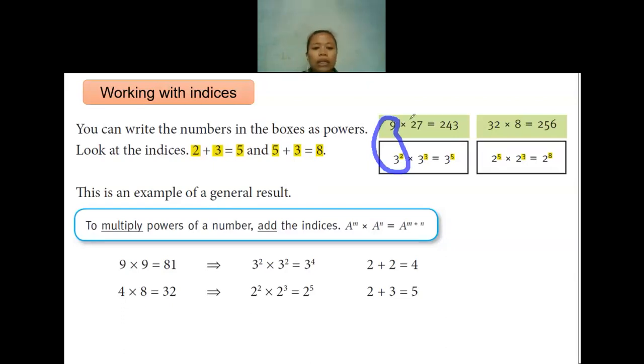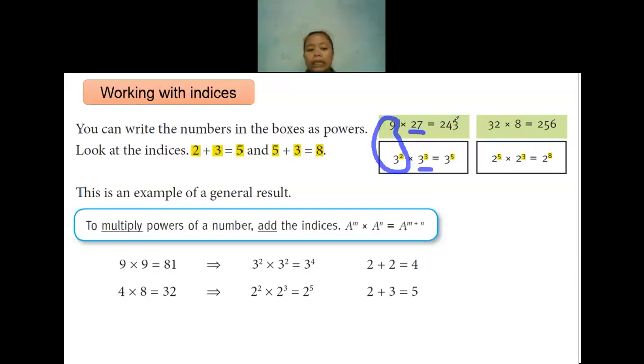Is there anyone who disagrees or is confused if 9 is equal to 3 to the power of 2? No, right? 27 is equal to 3 to the power of 3. Now I have 9 times 27. The result is 243.